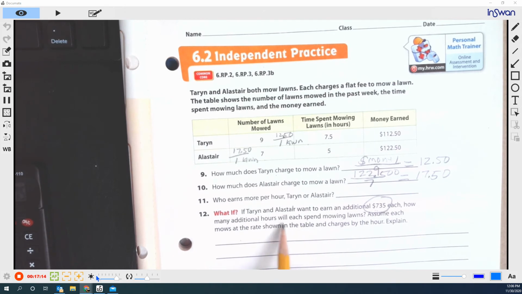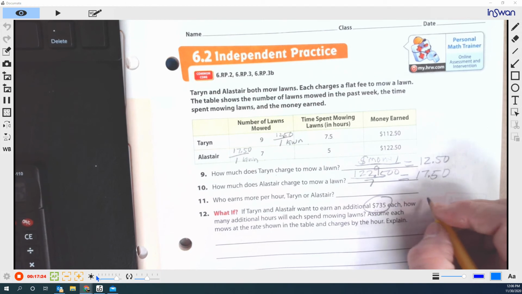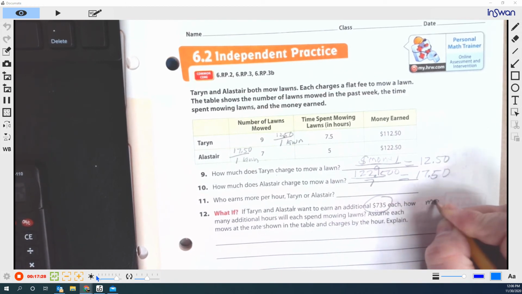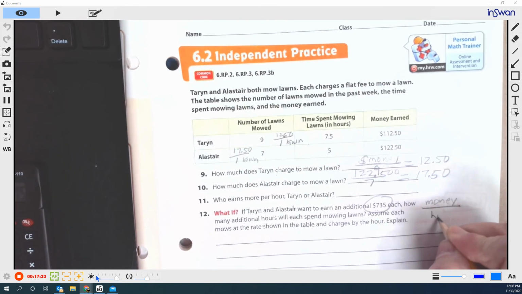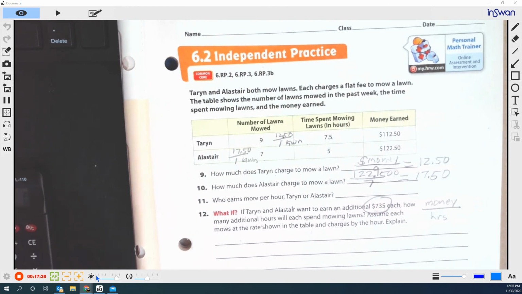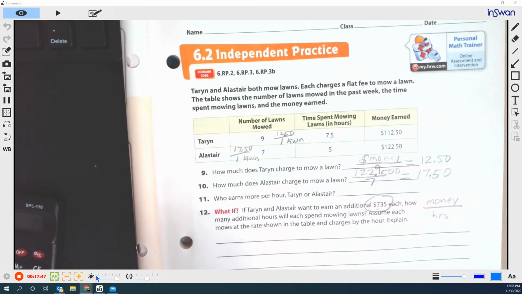Now, if we look at this, we want to find out how many hours, but we don't know what the cost is per hour. So to find the hourly rate, you take the money earned and divide it by the hours. So 112.50 divided by 7.5, and I am using a calculator just for time's sake.